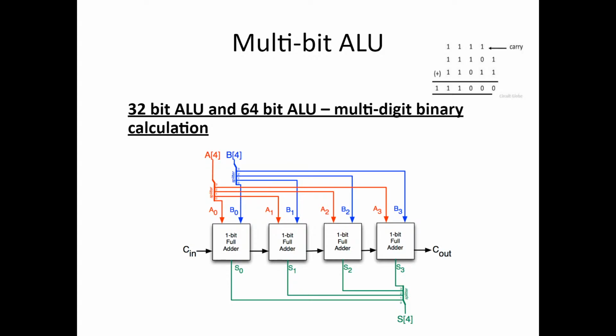So this gets us into the multi-bit ALU. I understand that it can be a little confusing because each ALU bit, although it only has these three basic calculations, can perform much more. Here we look at the 32 and 64-bit ALUs. These are known as multi-digit binary calculations.